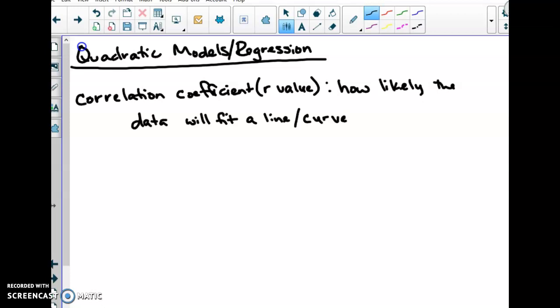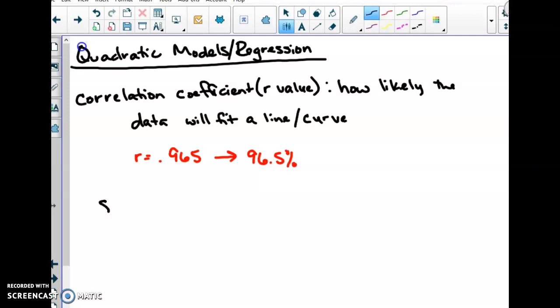So, for instance, if I were to have R equals 0.965, this really represents that 96.5% of the data will fall on my regression curve or line. Okay, so looking at that, that's a pretty good percentage. So we would say that this is a strong correlation.